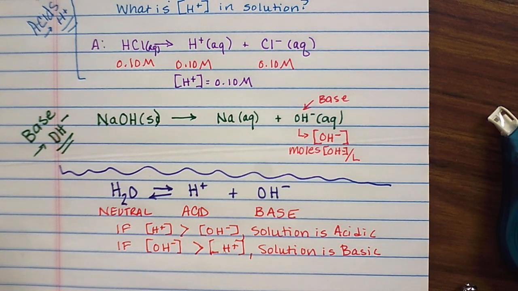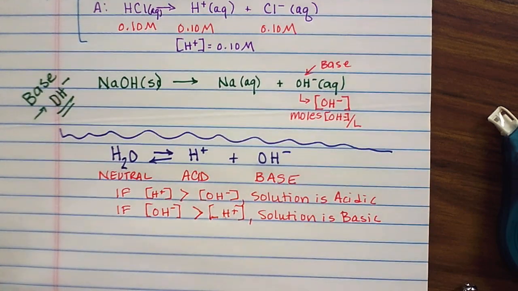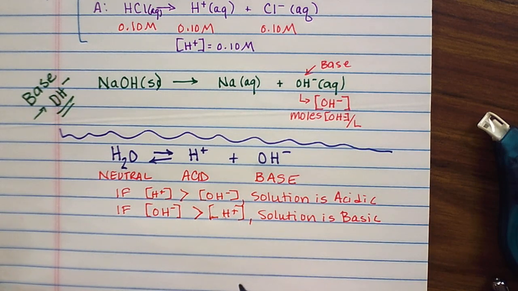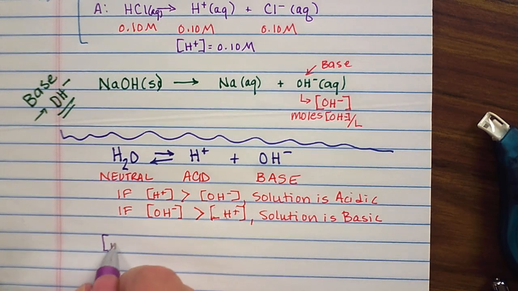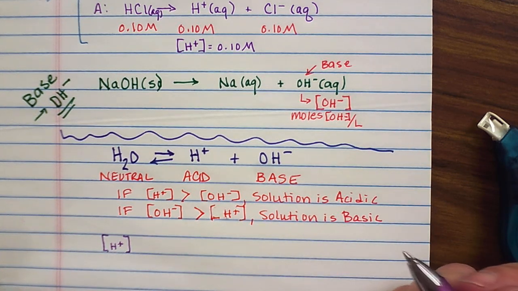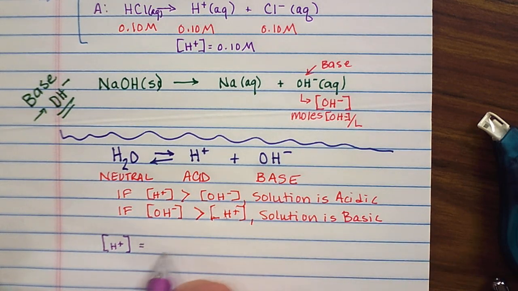Okay? So let's take a look at what some of these concentrations might look like. So for example, these concentrations could be very, very small. So a concentration of H plus could be as small as 10 to the minus eighth, right?